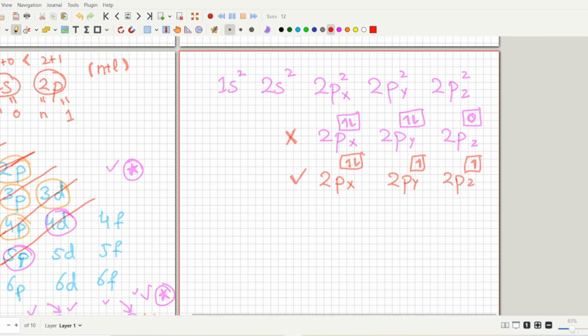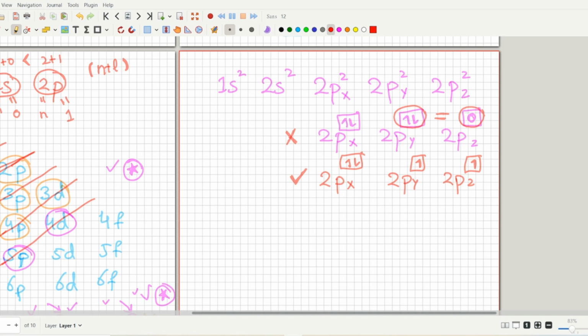Because this configuration is more stable than the previous one. In the previous configuration there were 2 electrons in one orbital but 0 in another, a really big difference, and that is how an atom becomes unstable.